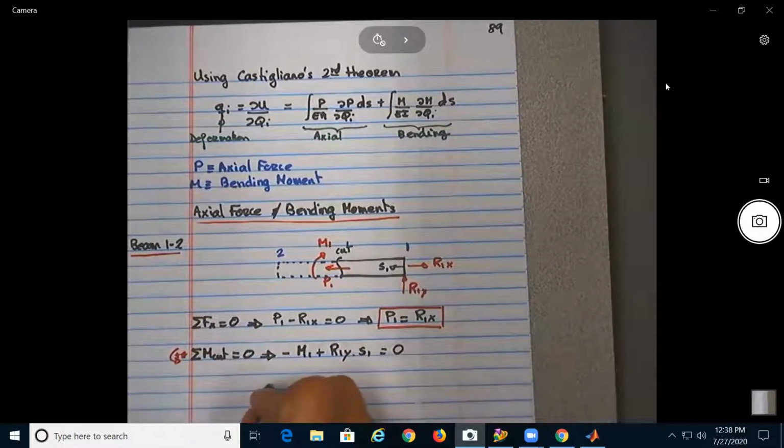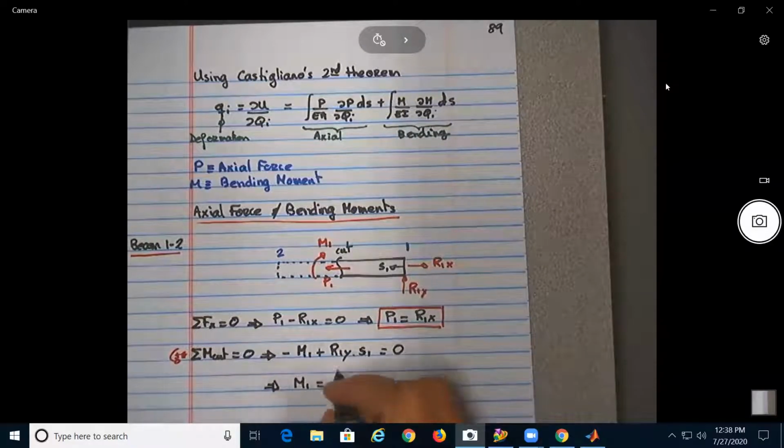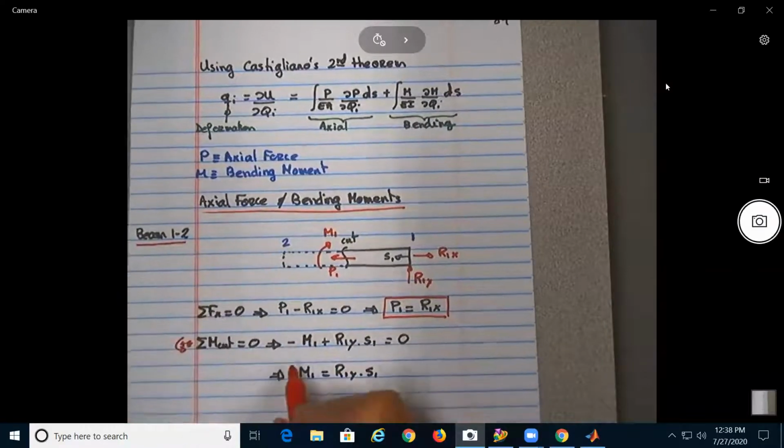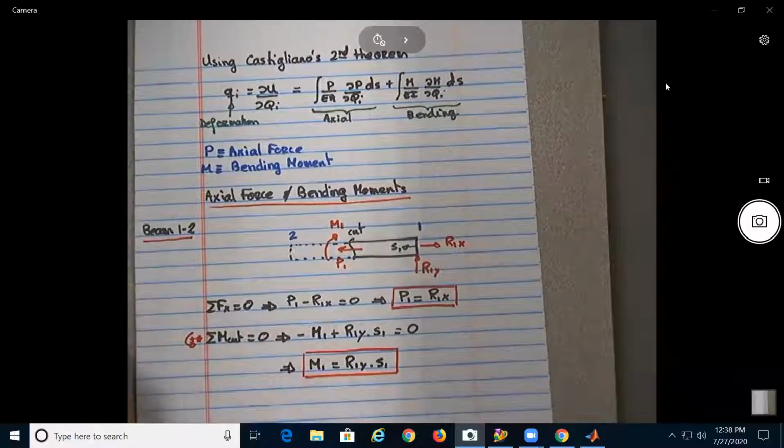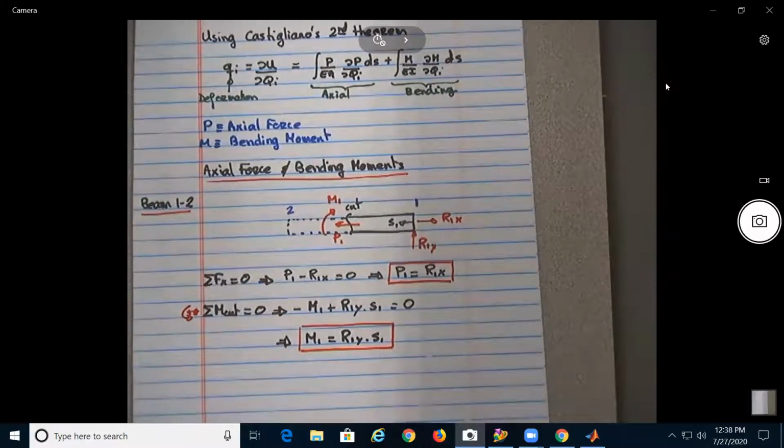So this will give us that M1 needs to be equal to R1Y times S1. Okay, I'm gonna go to the next page.